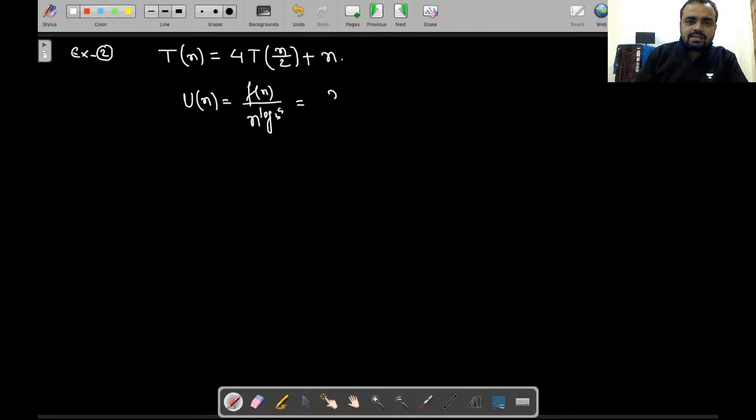So this implies n divided by n to the power log of a. What is the value of a? 4 on the base 2. So this implies n divided by n square, and this implies n to the power minus 1.